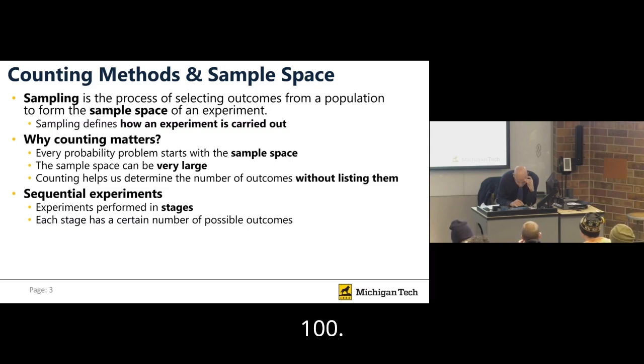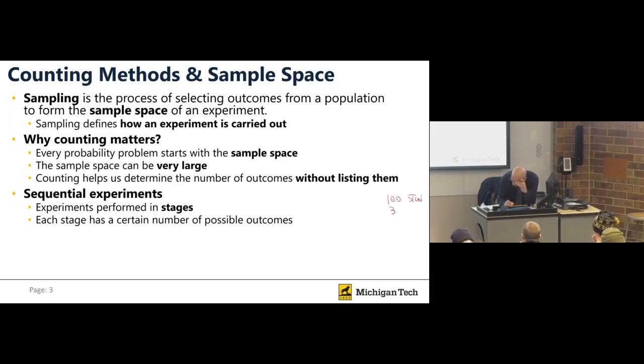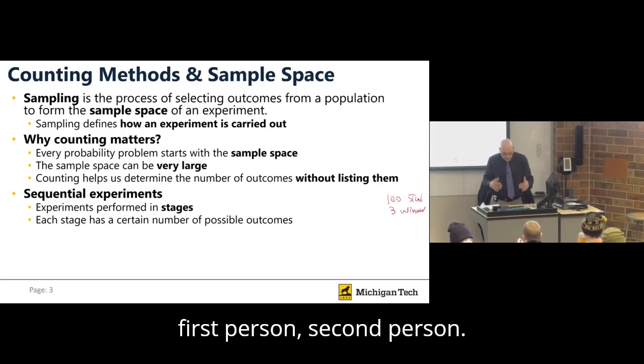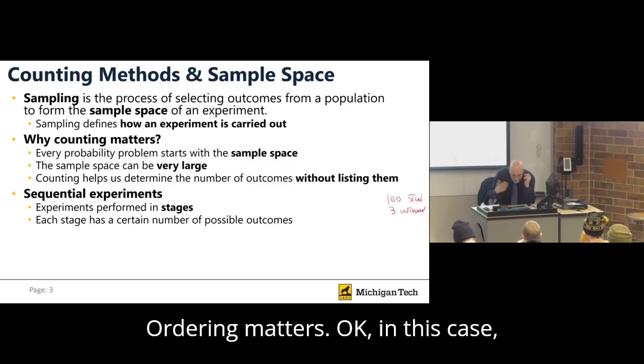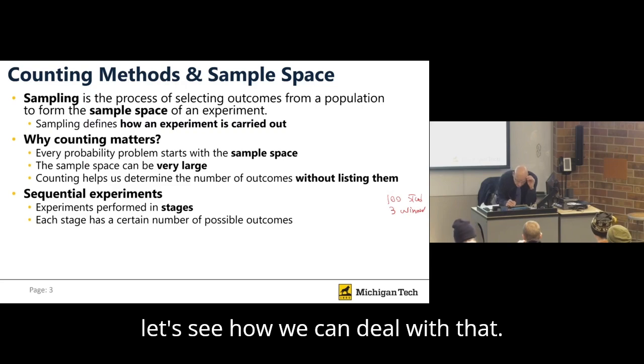Okay, let's make it 100. We have 100 students, and we want to choose 3 winners. But it has steps, I mean different levels: first person, second person. Ordering matters. Let's see how we can deal with that.